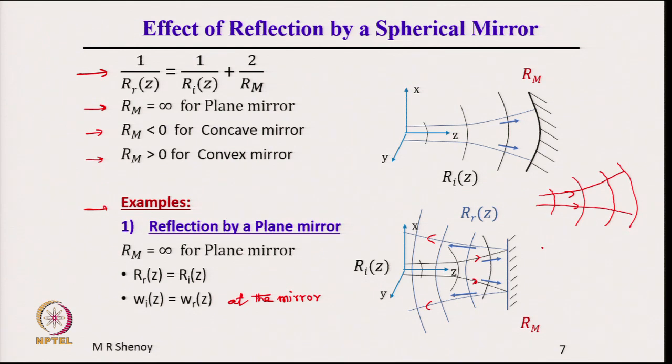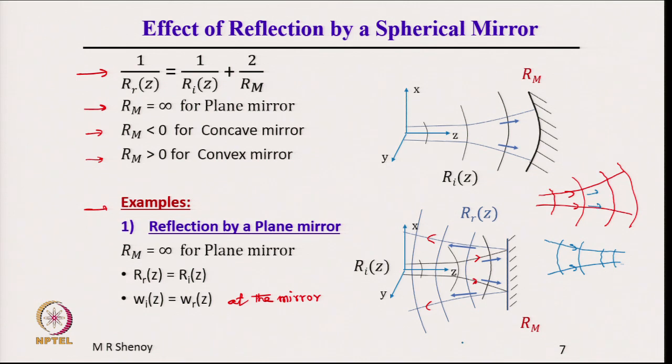And if the beam is converging, so you have a focused beam which is converging, this will always have a concave wave front like this. So, concave wave front means it is a converging beam, and a convex wave front means it is a diverging beam.